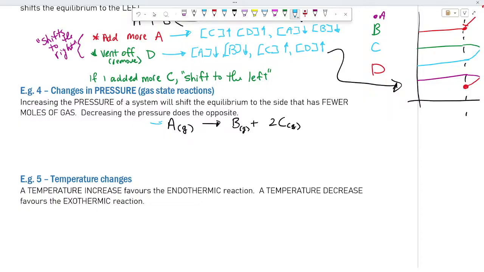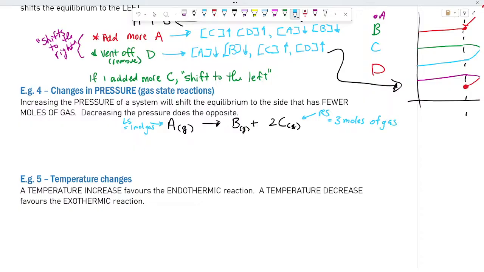Well, that means on the left side, we have a total of 1 mole of gas for every round of this reaction, right? On the other hand, on the right side, how many moles of gas do we have here? 3 moles of gas, right? 2 moles of C and 1 mole of B.